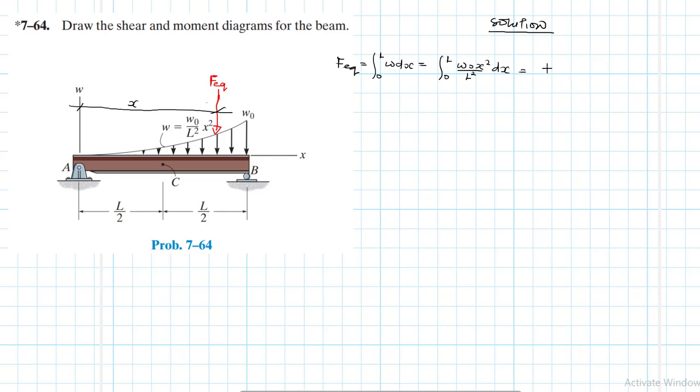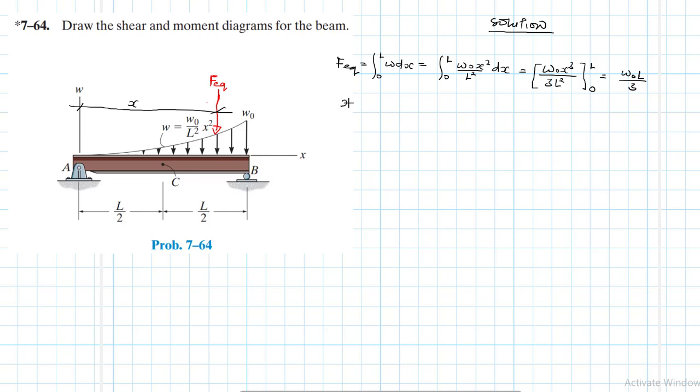If we integrate this, it gives us w naught x cubed divided by 3L squared, evaluated from 0 to L. This finally gives us w naught L divided by 3. That is the equivalent force.